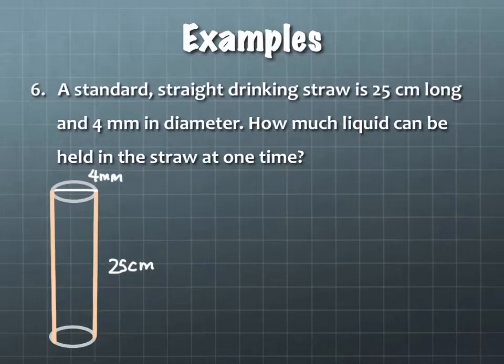Okay, so if we're going to go with centimeters, the 25 is going to stay put. And the 4 is going to change to what? What would 4 be in centimeters? 0.4. So I've got 0.4 centimeters for my diameter. All right. So then, what is the volume formula for a cylinder? Because that's what the shape is.